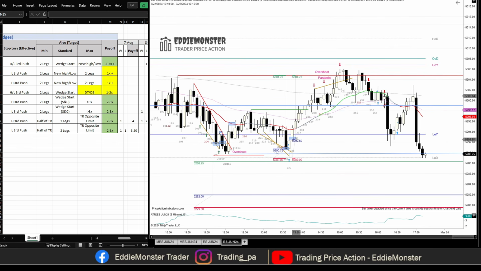A trade of 3.5 will be 10 points of reward, which is really nice. So more than 3 times again. So that's the advantage of a wedge top, a wedge bottom.